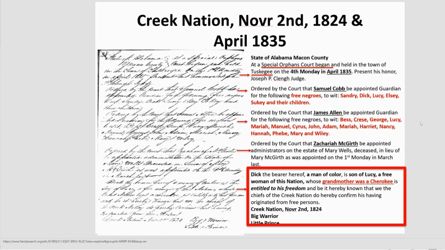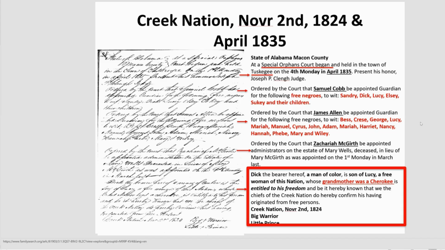Ordered by the court that James Allen is appointed guardian for the following free Negroes: Bess, Creasy, George, Lucy, Mariah, Manuel, Cyrus, John, Adam, Mariah, Harriet, Nancy, Hannah, Phoebe, Mary, and Wiley. Ordered by the court that Zachariah McGirth be appointed administrators of the estate of Mary Wells, deceased in lieu of Mary McGirth, as was appointed on the first Monday in March last, the previous year.